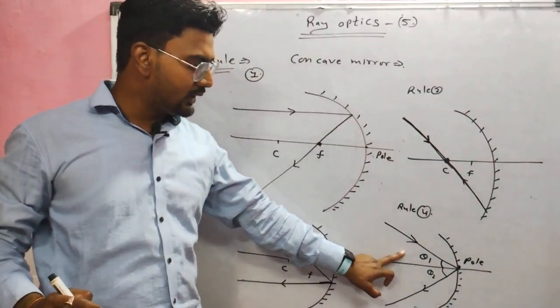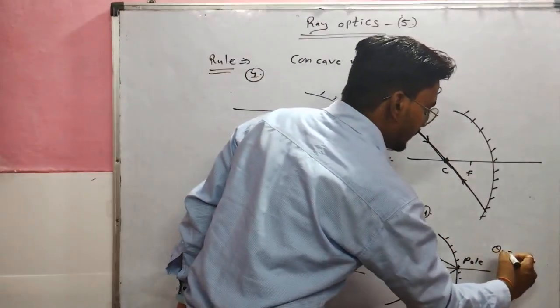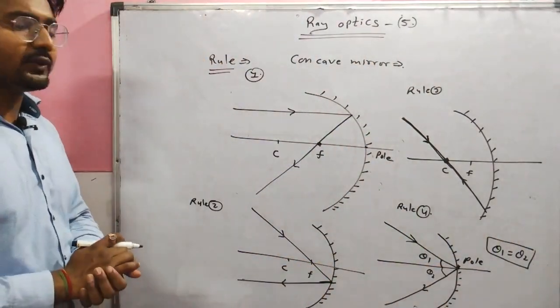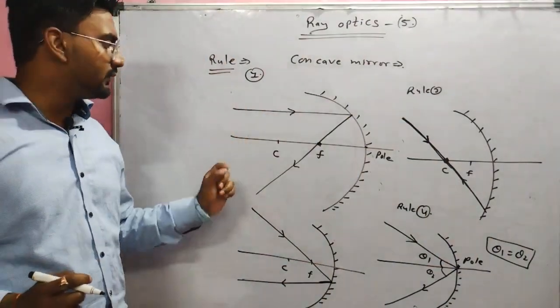So here theta 1 is equal to theta 2, because incident angle equals reflected angle according to the laws of reflection. So these are the rules formed by the concave mirror.